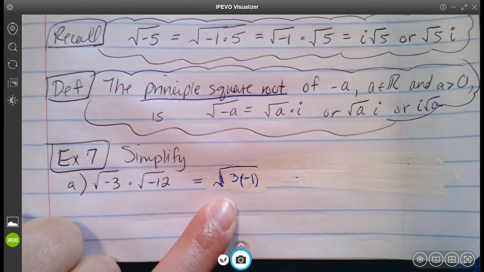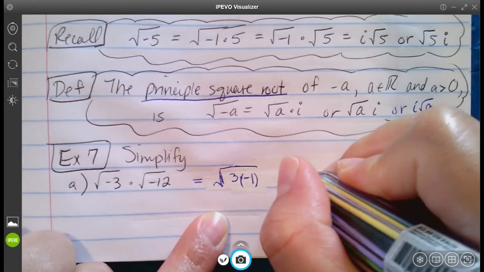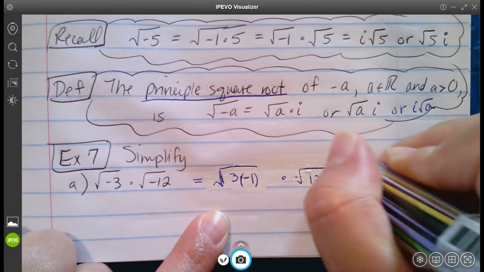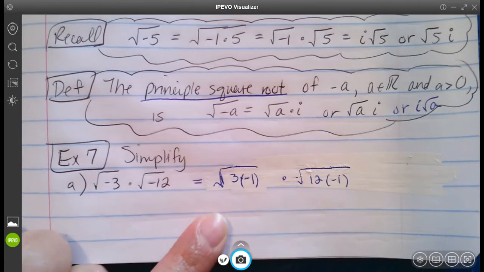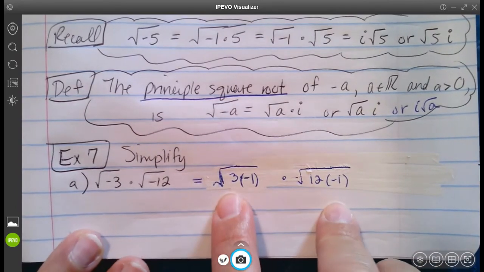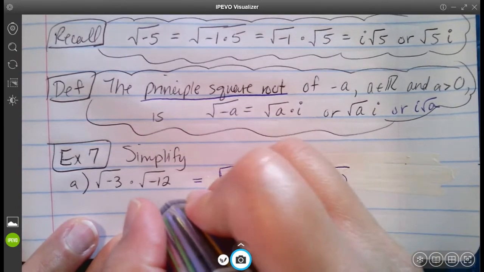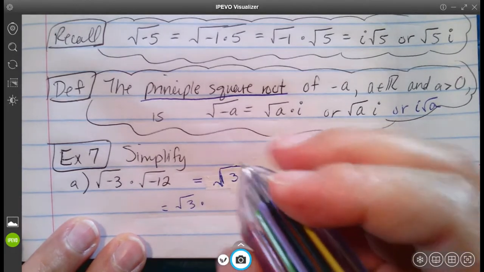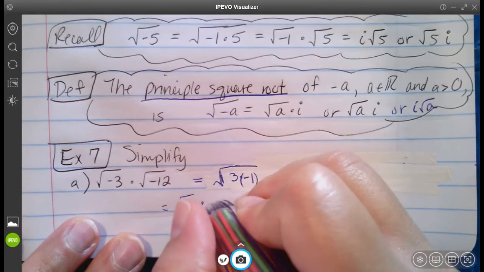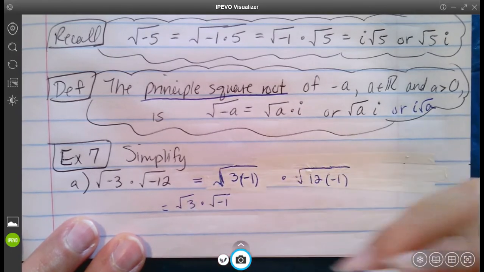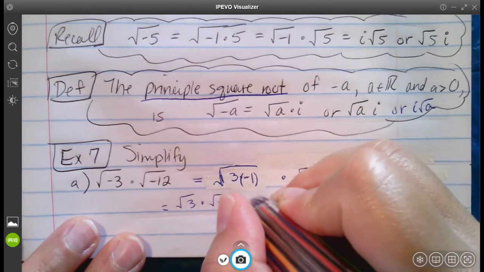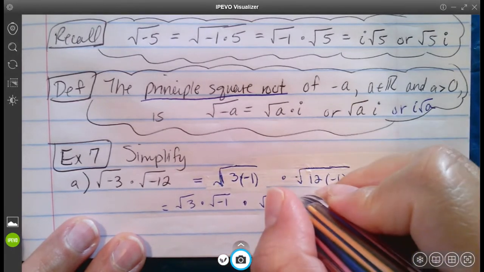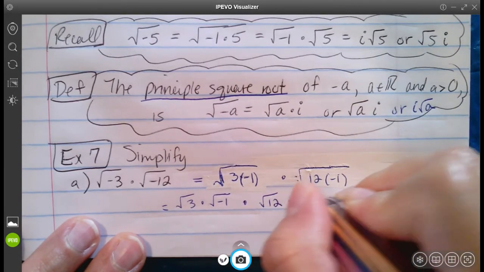So 3 times negative 1, times the square root of 12 times negative 1. And we're going to go ahead and separate these two now. So this is going to be equal to the square root of 3 times the square root of negative 1, times, same thing over here, the square root of 12 times the square root of negative 1.